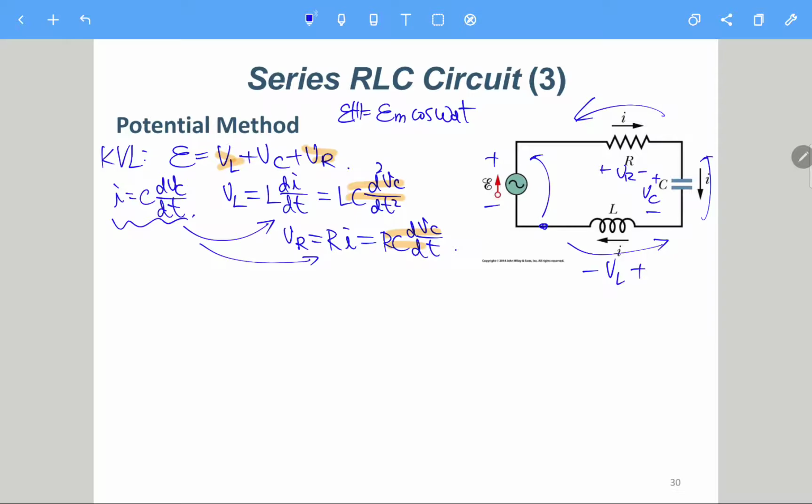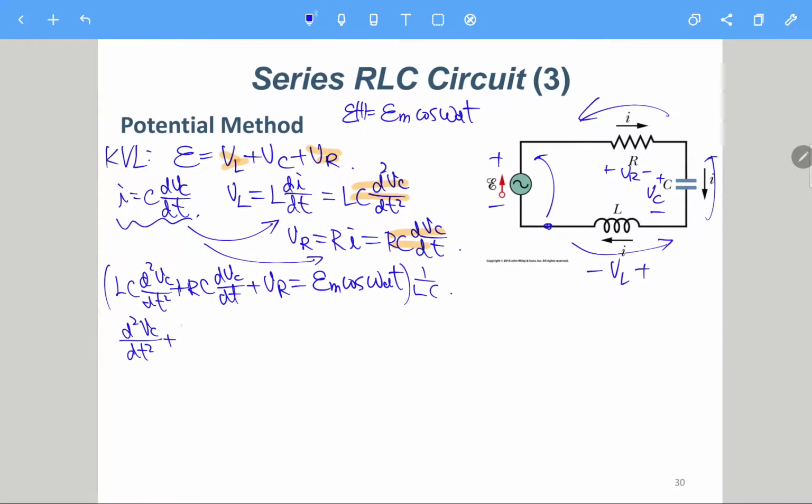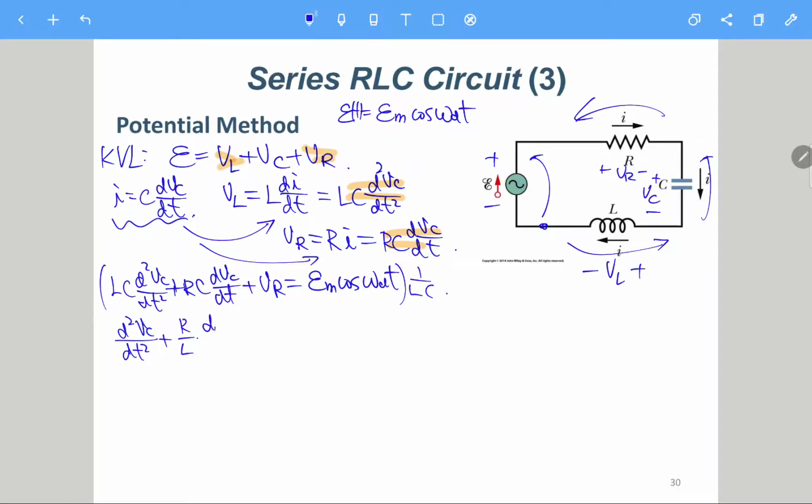So we have LC d2VC/dt2 plus RC dVC/dt plus VC equals Em cosine omega t. Then we divide by LC on both sides, so we have d2VC/dt2 plus R over L dVC/dt plus 1 over LC VC equals Em over LC cosine omega t.